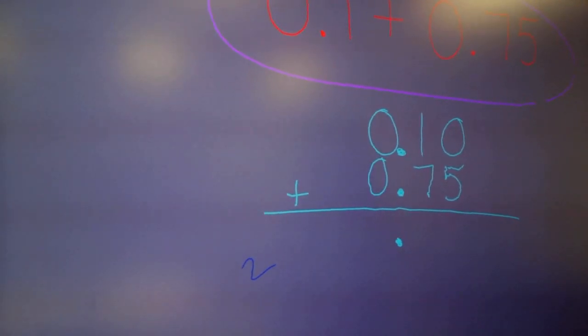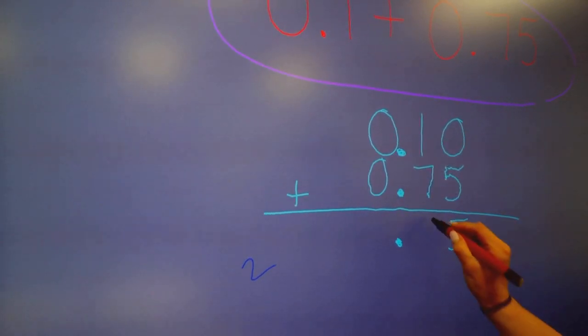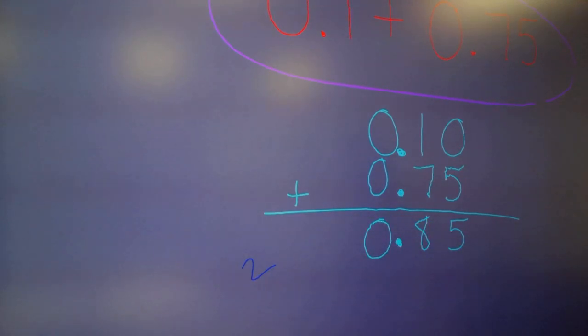I went ahead and wrote my decimal down into my answer to make sure that I'm going to stay on track in my answer as well. Now I just add, just like you would if there was no decimal. 0 plus 5, 1 plus 7, 0 plus 0, 0.